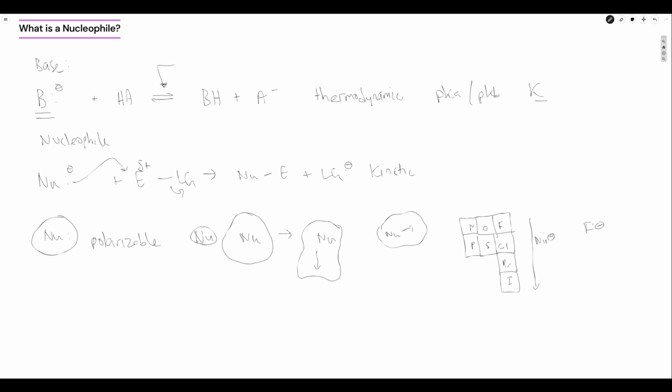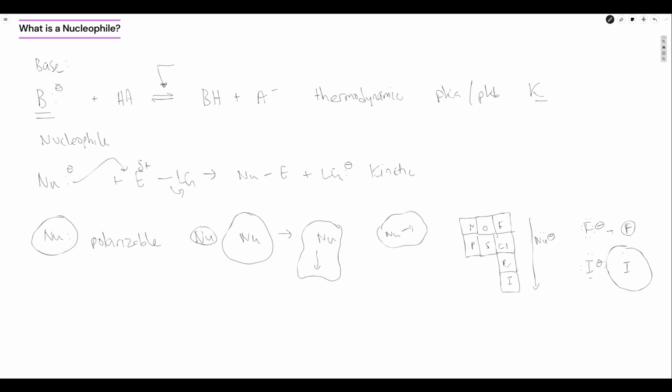If you have something like F minus, well, the fluorine is extremely electronegative, as you know, and that translates into a very hard, tightly held electron cloud. It's not very polarizable. It can't kinetically meet the challenge of attacking an electrophile as easily. Whereas if you have I minus, now we have this enormous electron cloud, because it's a very big atom, and because of shielding.